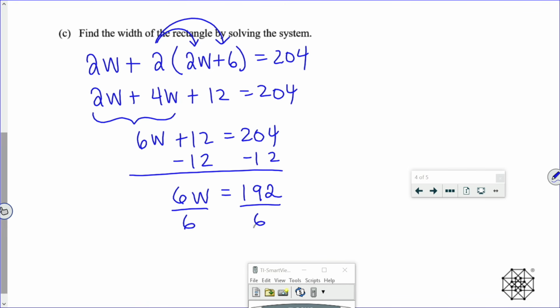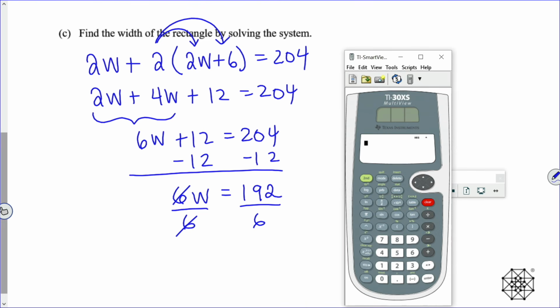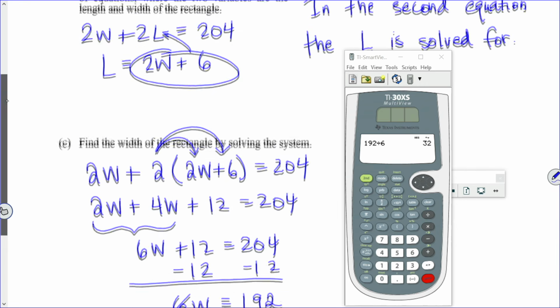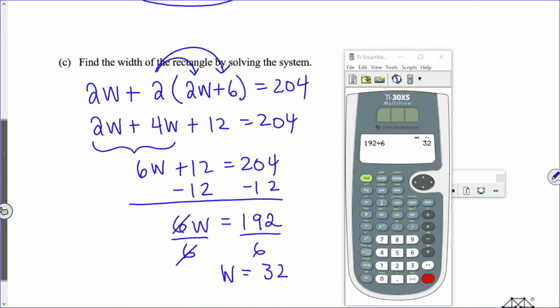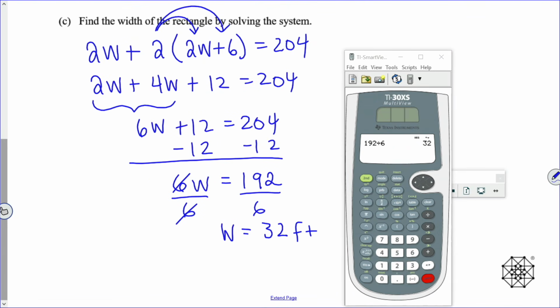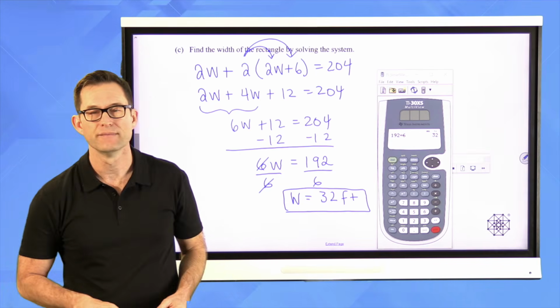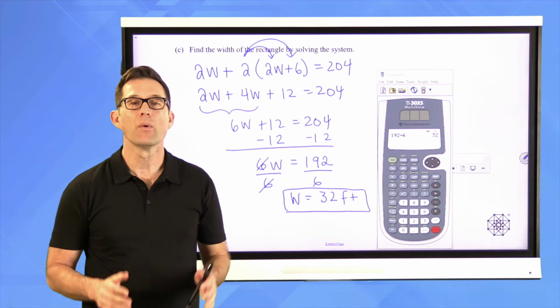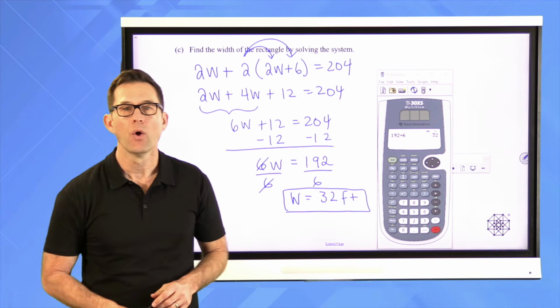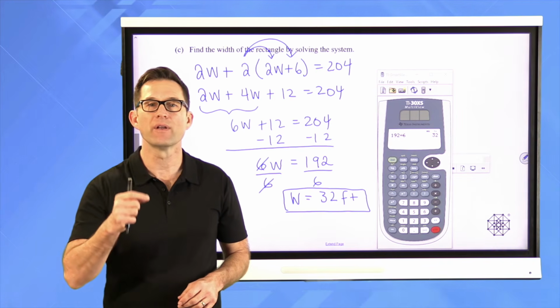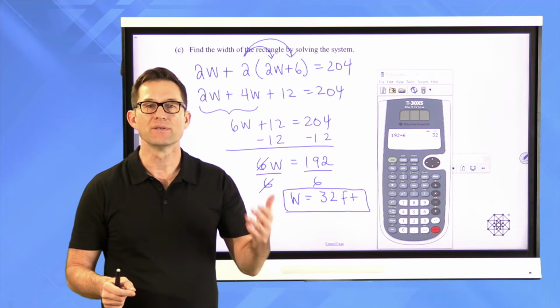I'm going to divide by 6 on both sides, and I think I'll bring out my smart view for that. 192 divided by 6 gives me a width of 32, and I should include proper units here. 32 feet. Always include proper units. 32 feet. Awesome, right? We wanted to get in one modeling problem there where it was more natural to solve it by substitution than it was by elimination.